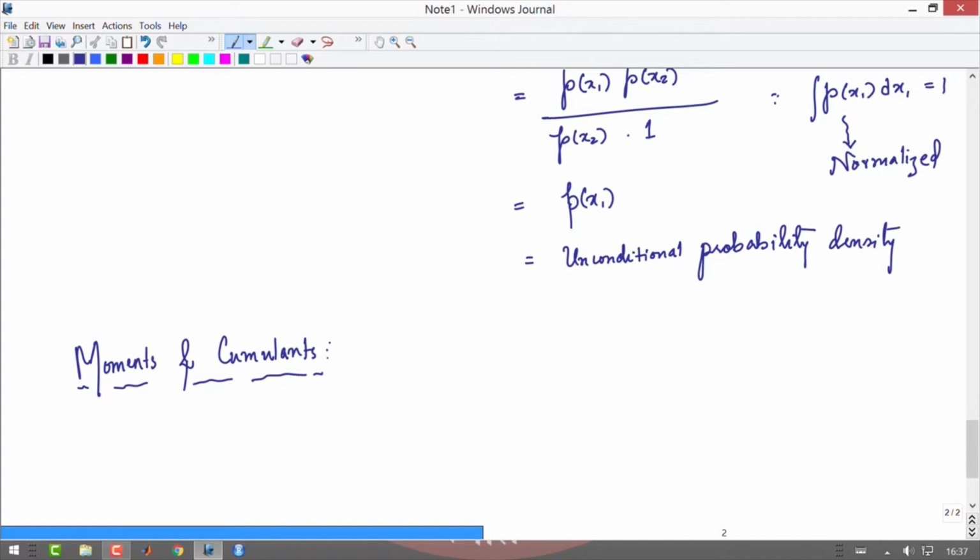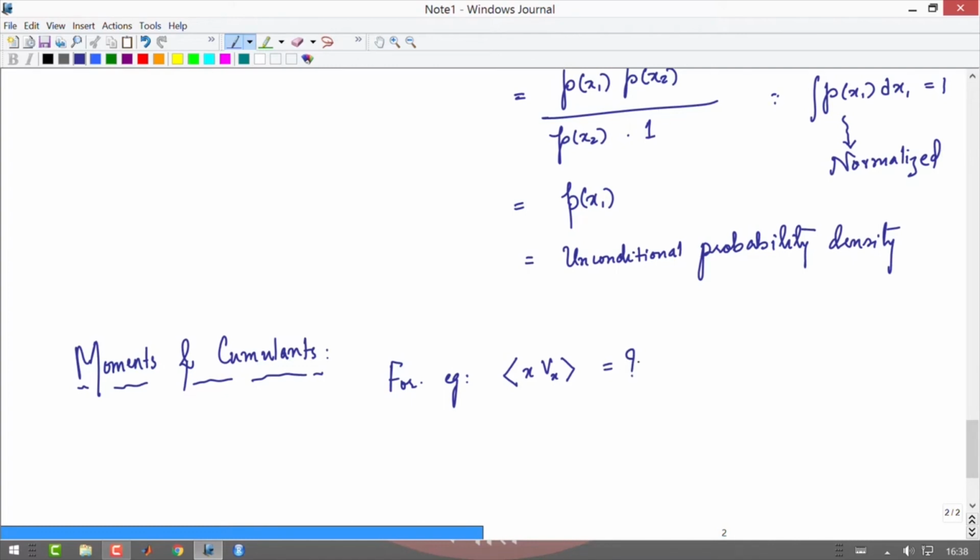Now, what do I mean by moments and cumulants of such distributions? Let me give you an example. What is the expectation value of the product Vx into x? X and Vx are the x components of position and velocity of a gas particle. So this is like a joint moment of two random variables. How do we compute this?